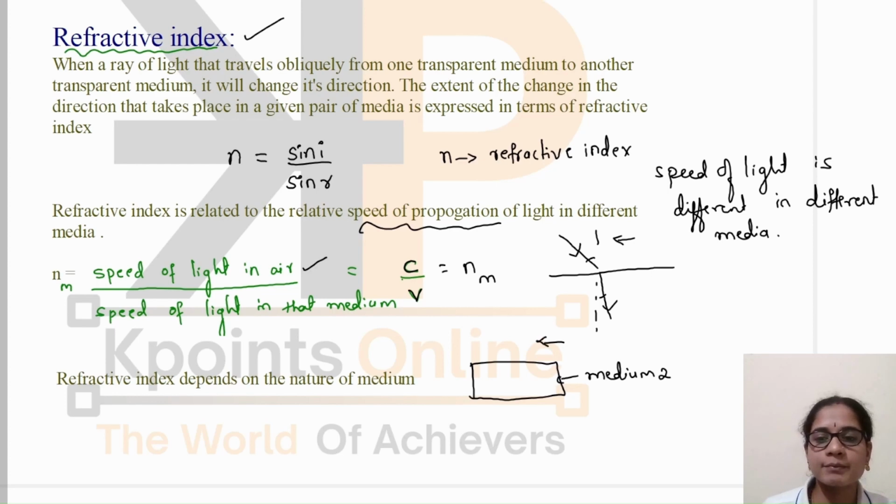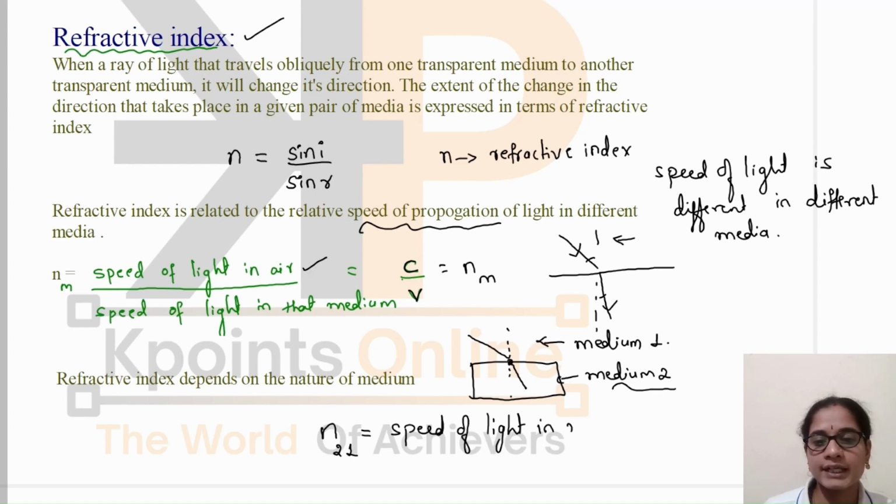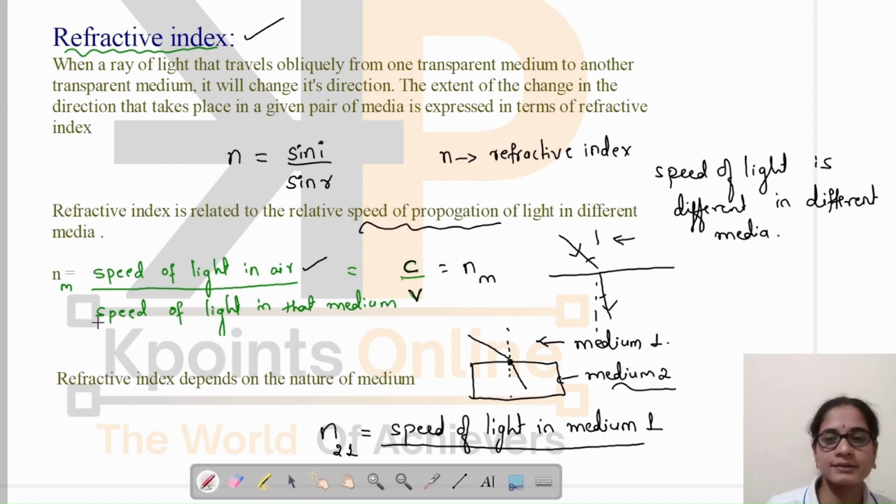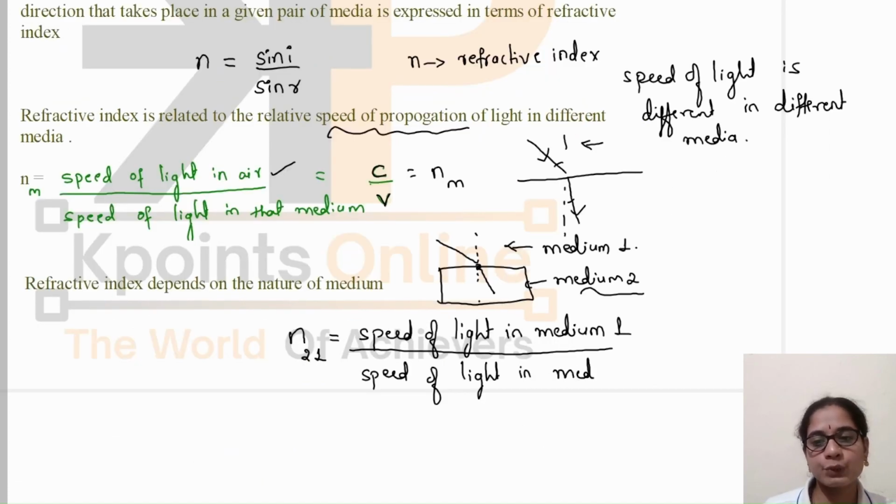This is medium 1. This is the normal at the interface. Now, a ray of light falls on the interface and gets refracted. The refractive index of medium 2 with respect to 1 is given by the speed of light in medium 1 to the speed of light in medium 2.